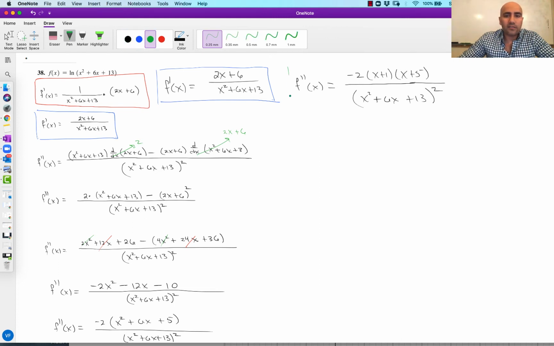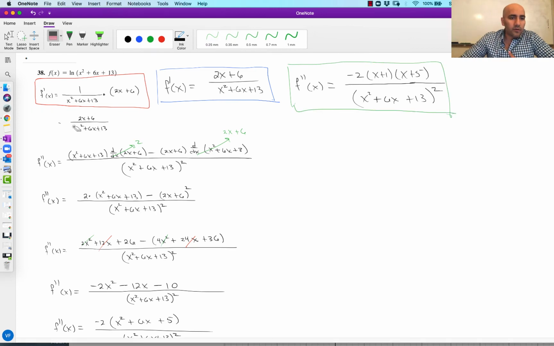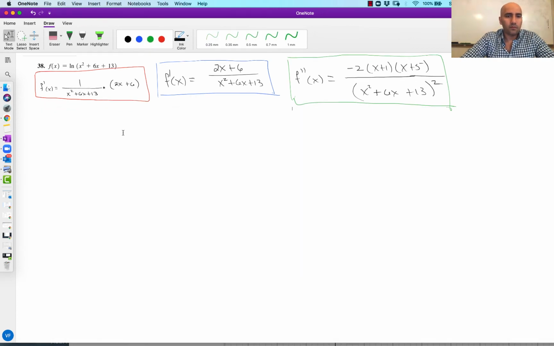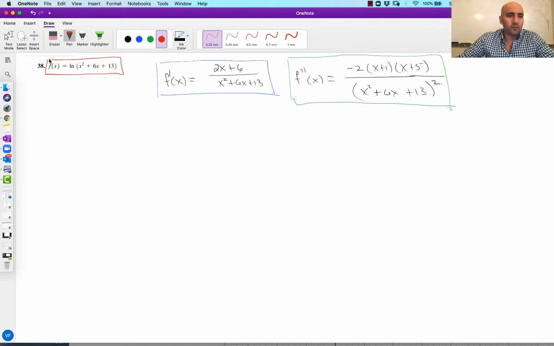And that'll be our second derivative. Okay, so we have our original function here. Then we figured out that this is our first derivative. And after a lot of work, we figured out that this is our second derivative.